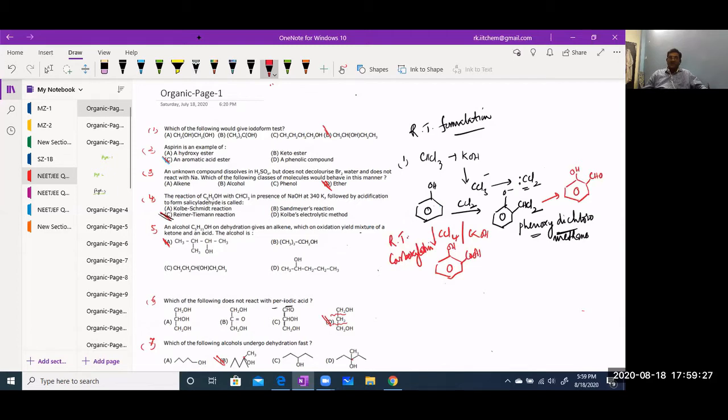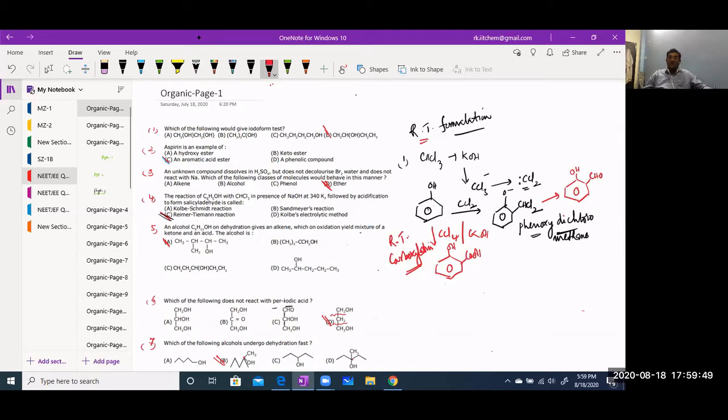Salicylic acid is going to be the product. This is Reimer-Tiemann carboxylation, and this is Reimer-Tiemann formylation.